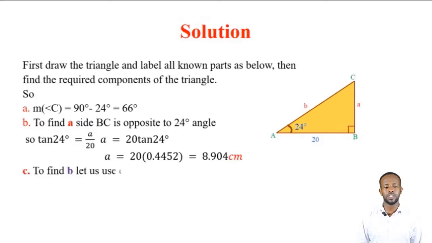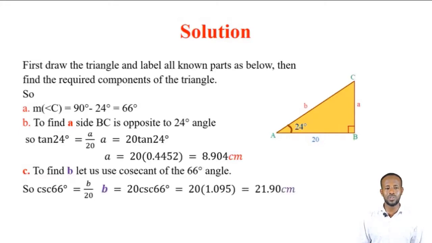Now to find b, we can use the Pythagoras theorem, we can apply whatever it is, but let us try again. To find b, let us use cosecant of the 66 degree angle. Do you remember cosecant, what it was? By definition, cosecant was what? Cosecant of 66 degrees will be equal to b over 20. That is hypotenuse over opposite.